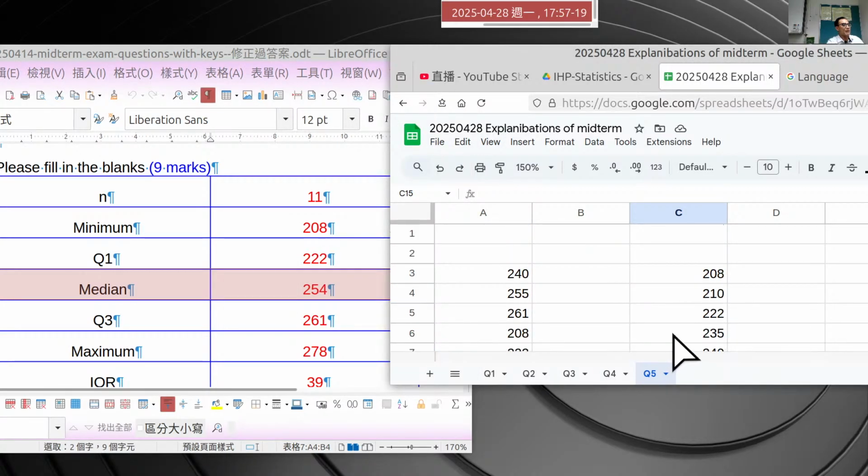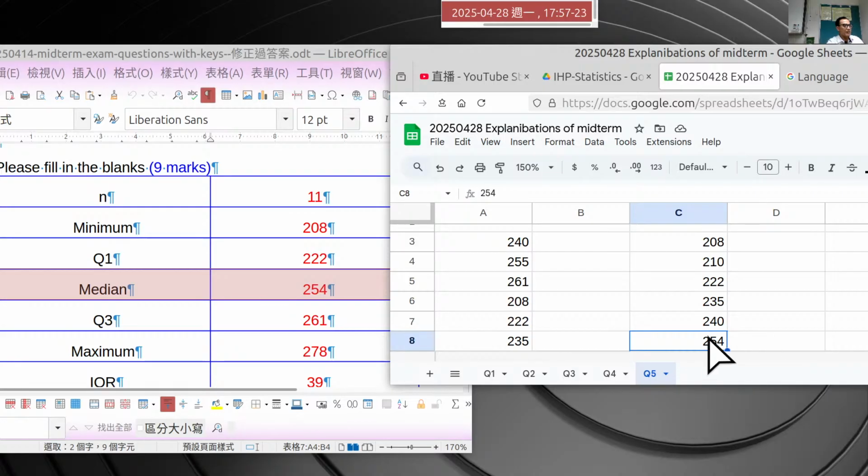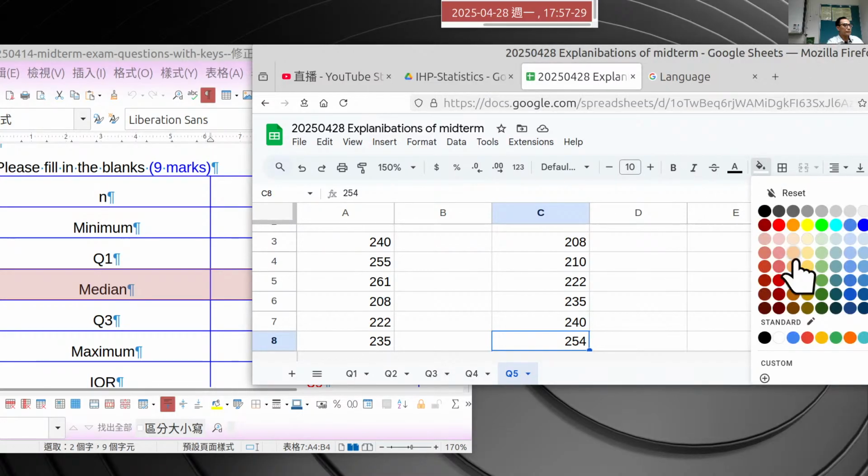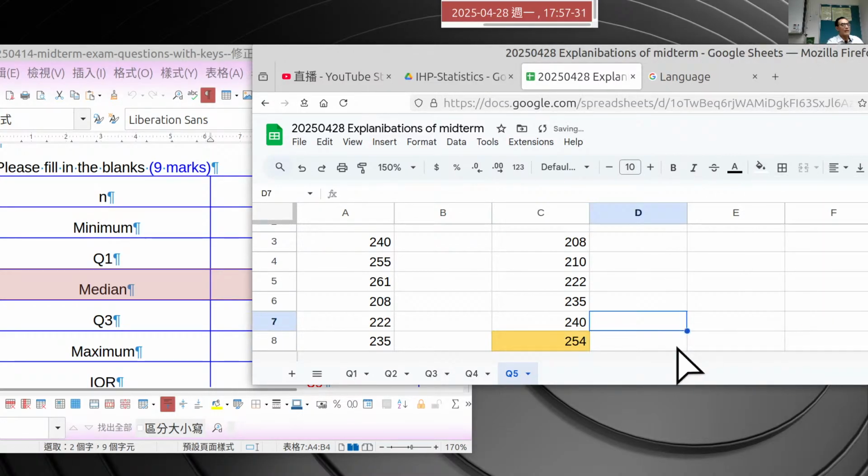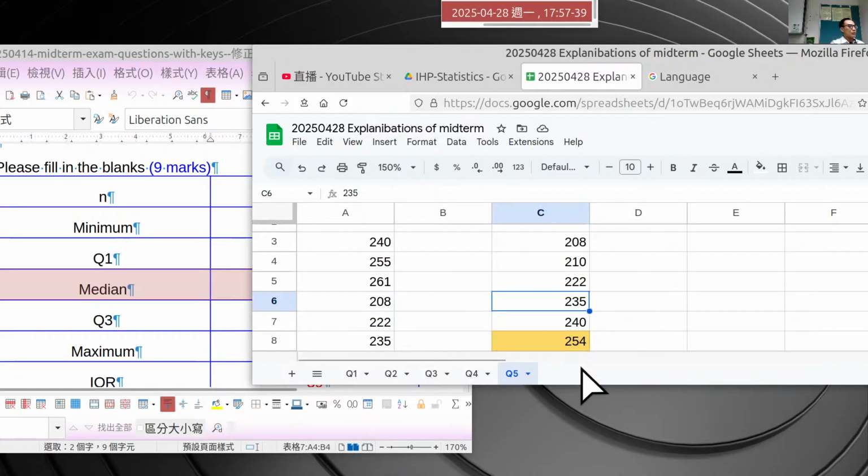Okay, and now the trouble is, who is the median? Since there are 11, 1, 2, 3, 4, 5, 6. The number 6 is the middle one. That is the median. Okay, and who is the Q1? Q1 is the first part. Do not include the median. 1, 2, 3, 4, 5. There are 5.